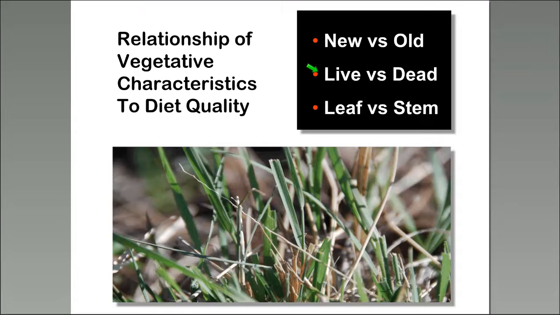So it stands to reason then live over dead, and then leaf over stem. So if an animal gets to choose, they're going to choose new live leaf to get the highest quality of forage. They're going to consume some of the old dead stem as well to get some bulk and some fill, which they also need.